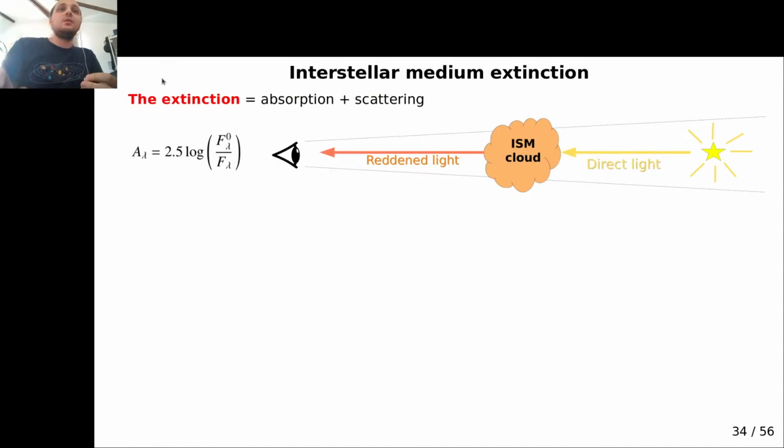Extinction is the combination of absorption and scattering of light due to the interstellar medium. So if we have a source of light, it will be reddened and dimmed due to some interstellar medium structures.